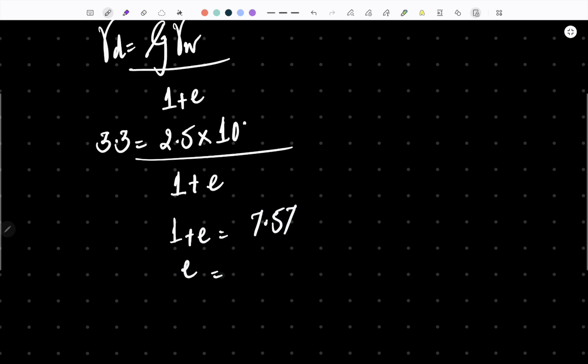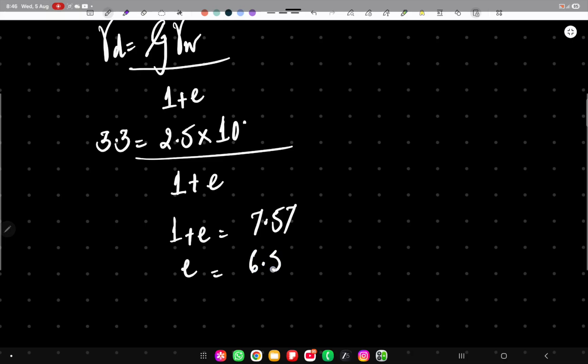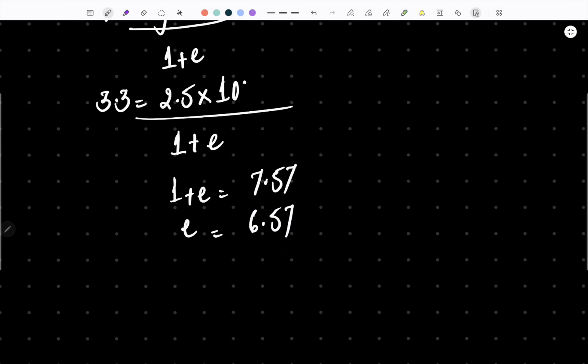So E is equal to 6.57. Very high void ratio.